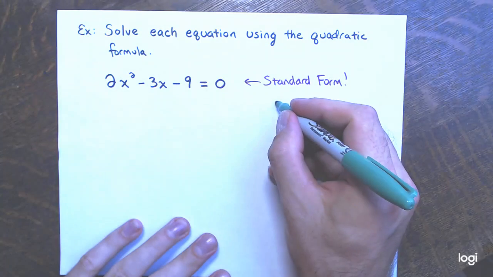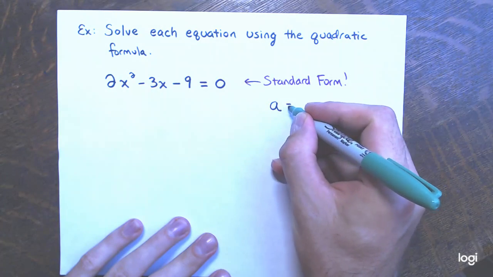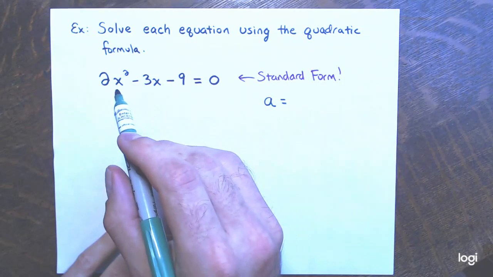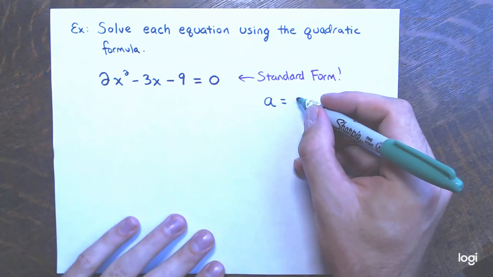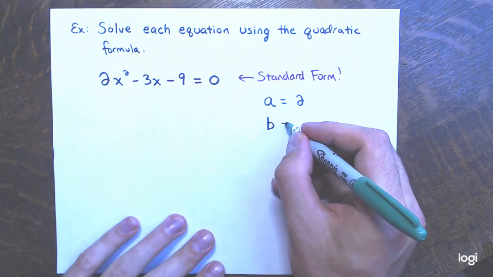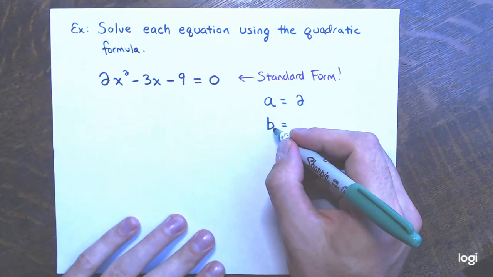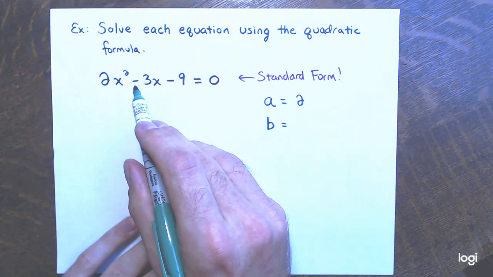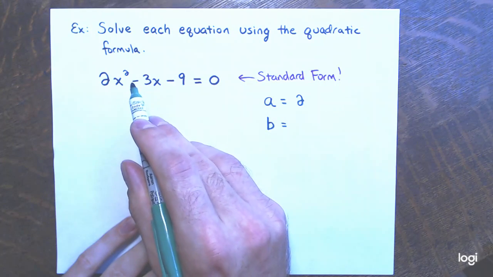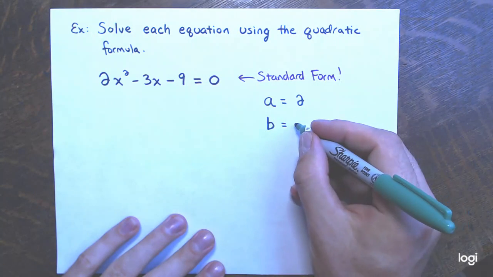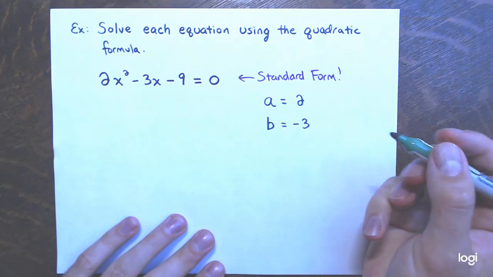That lowercase a is the coefficient of the squared variable. So the coefficient of x squared is positive 2. Lowercase b is the coefficient of the first power, x to the first power. Not 3, but negative 3. Remember, you can write this as plus negative 3x. The negative sign is part of the term. So b is negative 3.